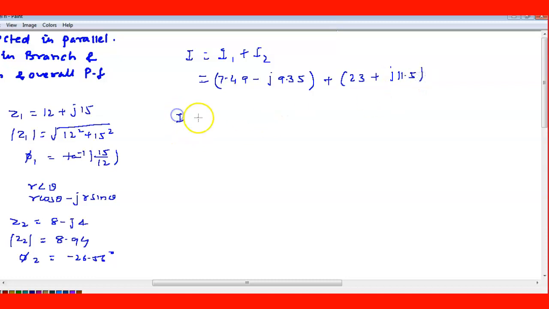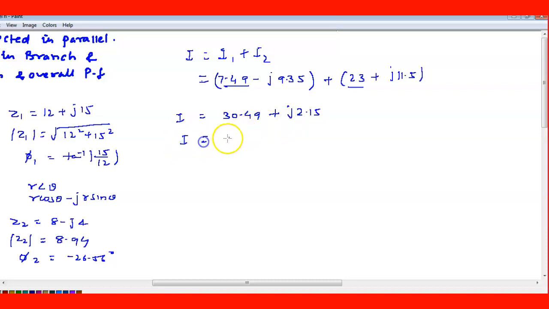So I is equal to the real parts added together, 30.49, and the imaginary parts added, 2.15, plus j times 2.15. So this is the total current in complex number form.